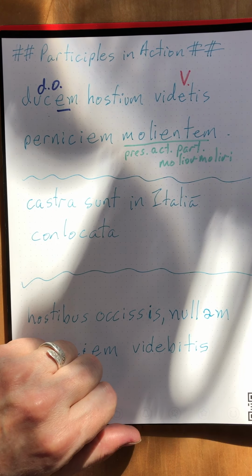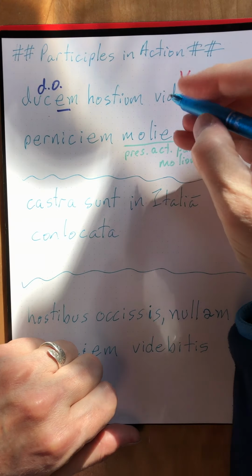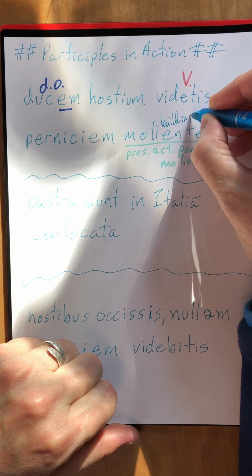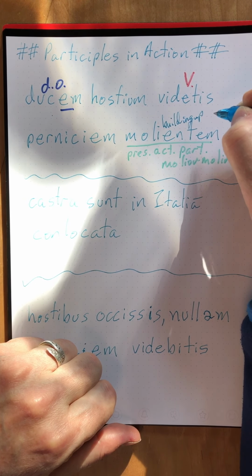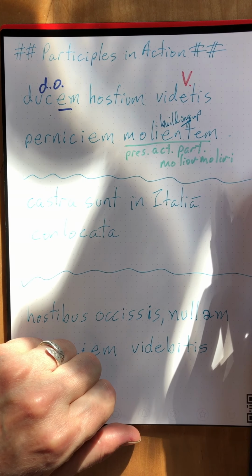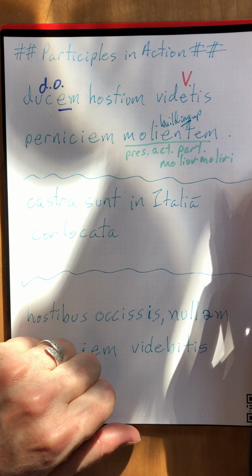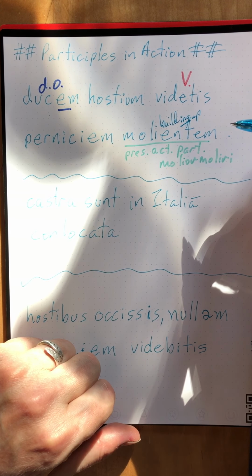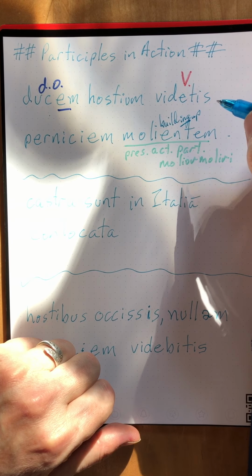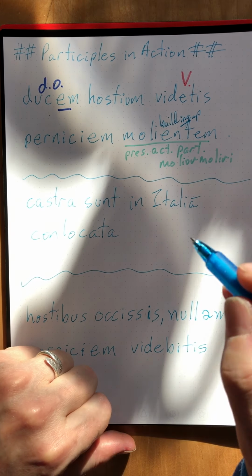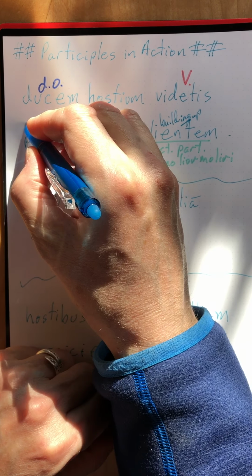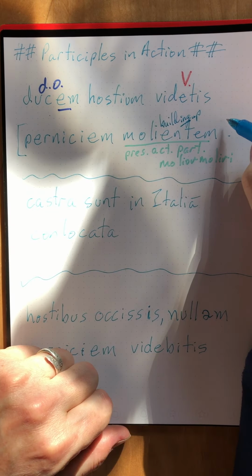All right, let's see how this works. Building up. And as with a lot of present active participles, the ing is the distinguisher in English. Building, molientem. So the interesting thing about this particular participial phrase is there really is more to it than just the participle.